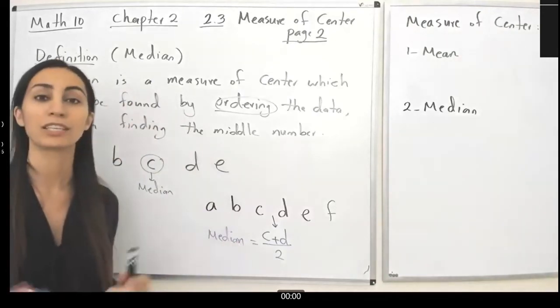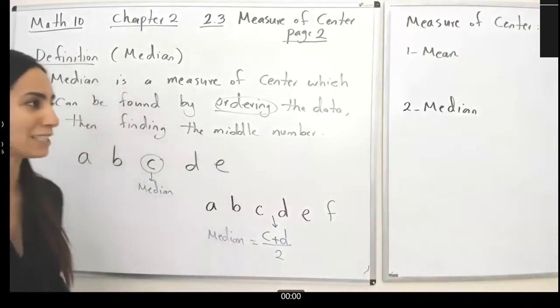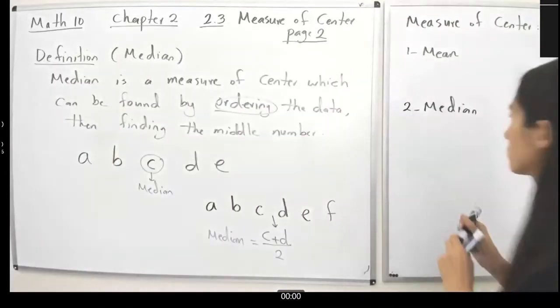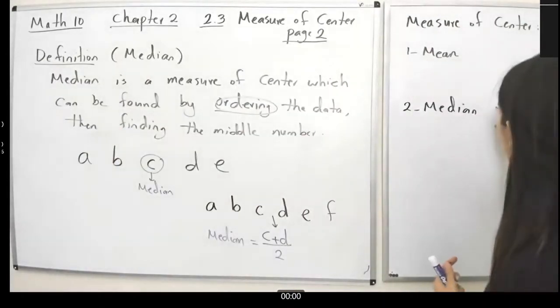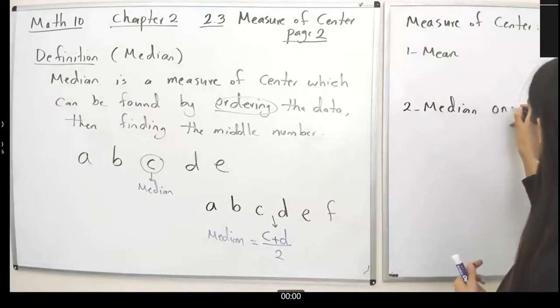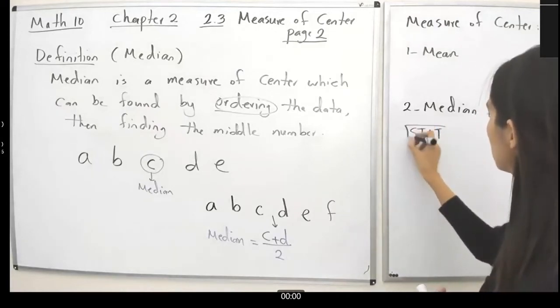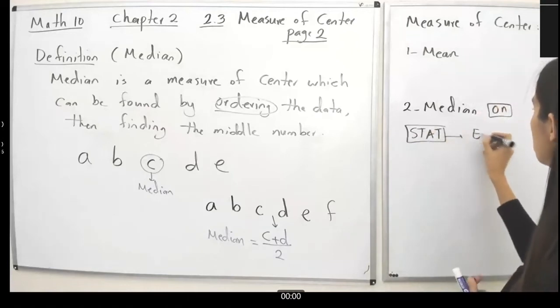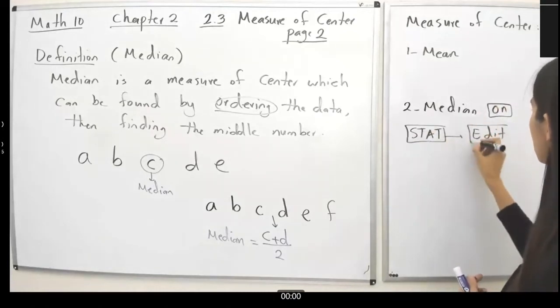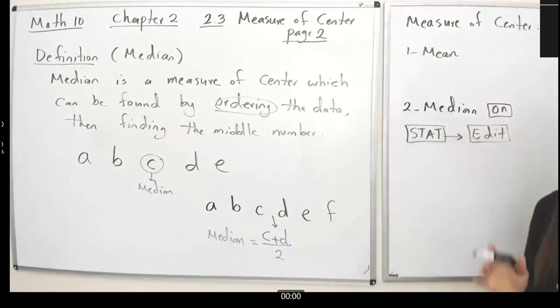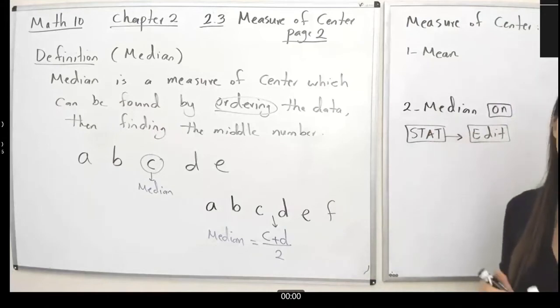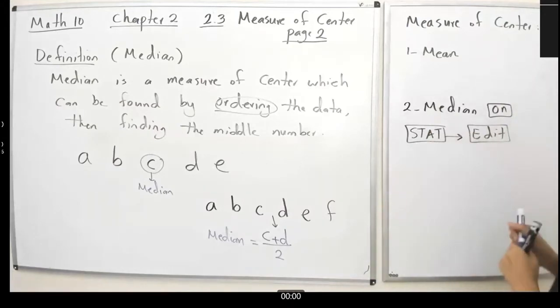How do we use a calculator to find the median? First, turn on your calculator, go to Stat, go to Edit, and enter the data in L1 or L2, whichever you feel comfortable with.